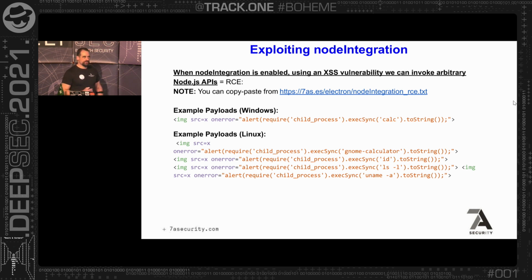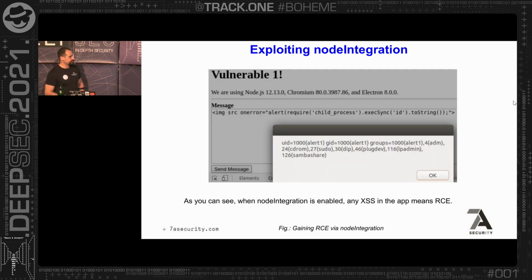There are Node.js modules that allow you to interact with the file system, and others that allow you to run commands. In this case, we're just using child process. You can require any Node.js module you want, and then we are just executing the calculator, for example, in Windows. Or in Linux, you can execute gnome calculator, id, ls, uname, and so on. And you can copy and paste these payloads from this link as well.